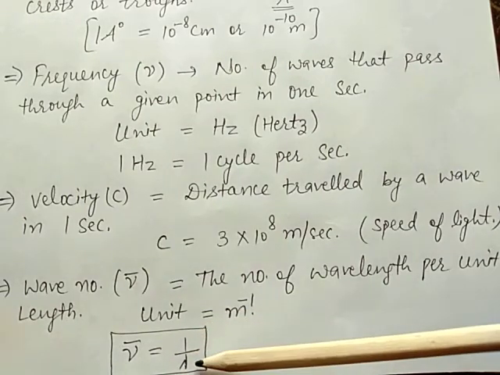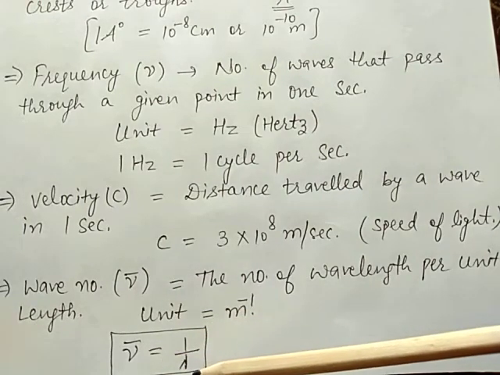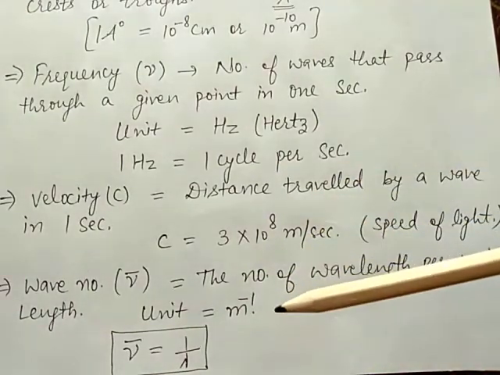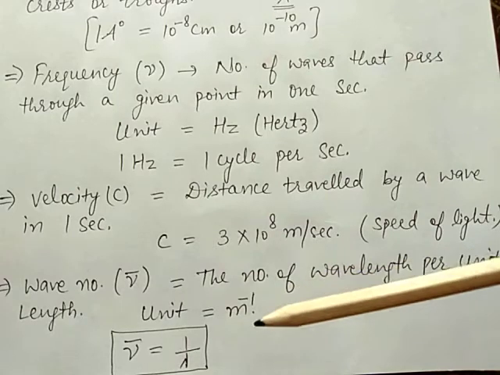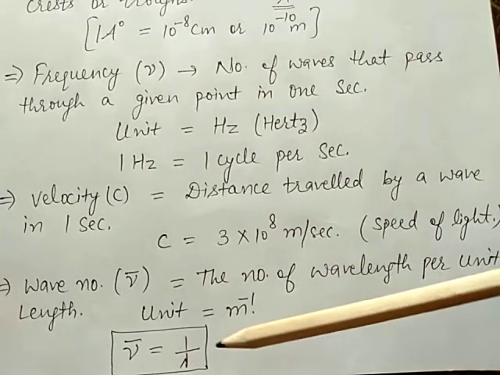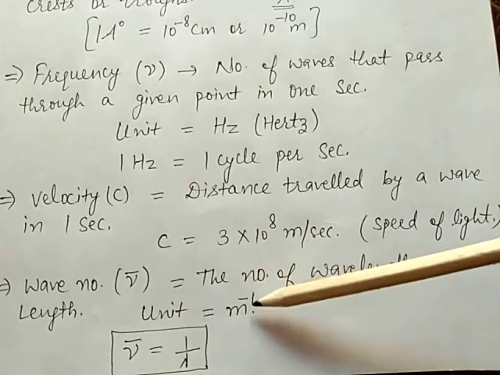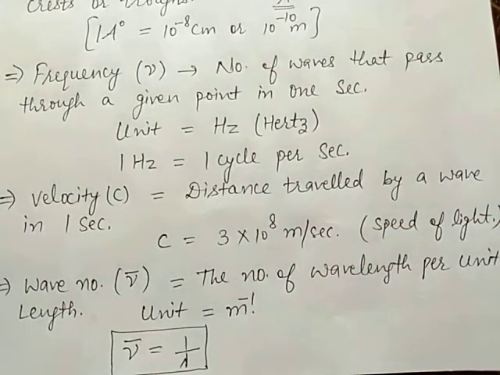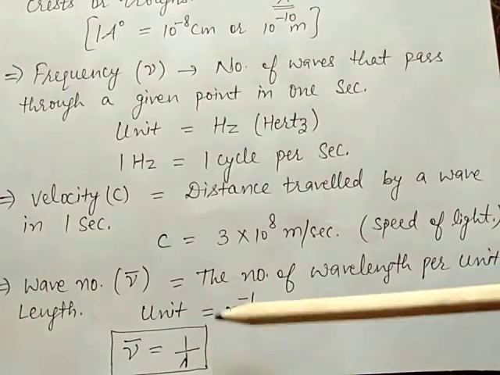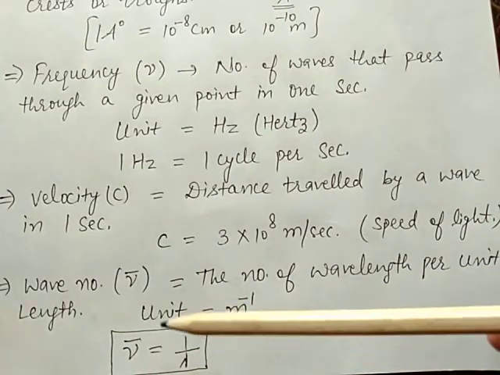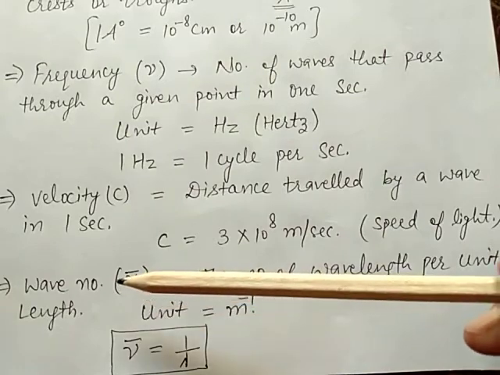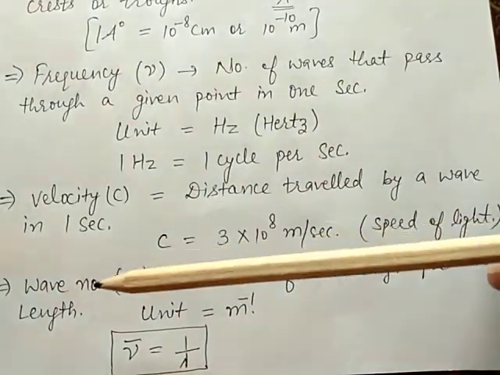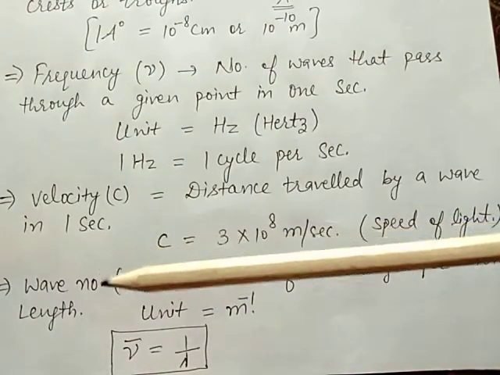It is the reciprocal of wavelength. Its unit is also the reciprocal of the wavelength unit. So nu bar is equal to 1 by lambda. The reciprocal of wavelength, or the number of wavelengths per unit length, is called wave number.